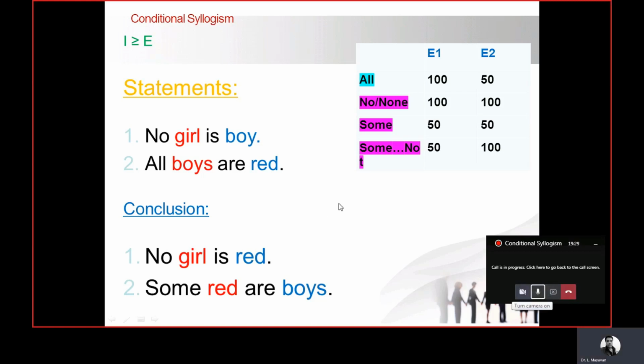These are the two statements. And look at the conclusions. No girl is red. Some red are boys. Decide which of the following conclusions should follow after the statements given. No girl is red.